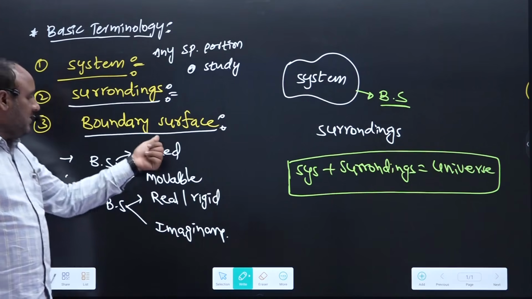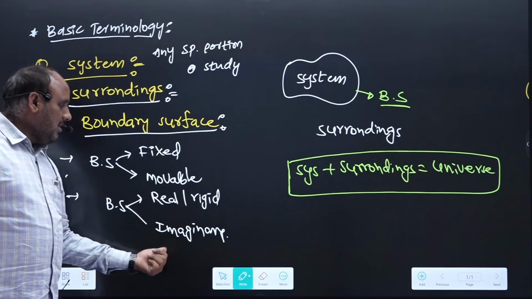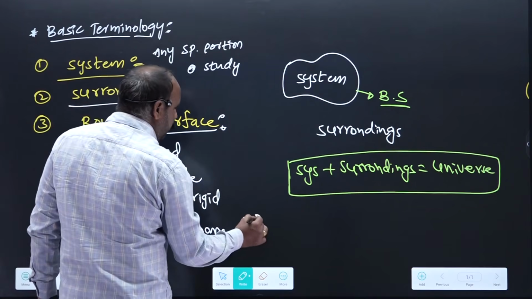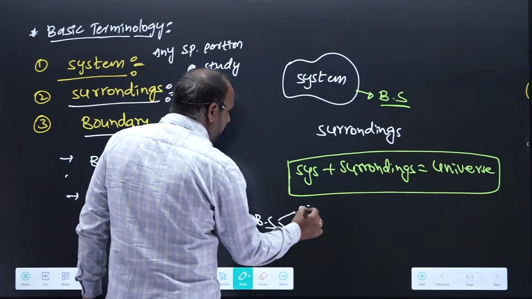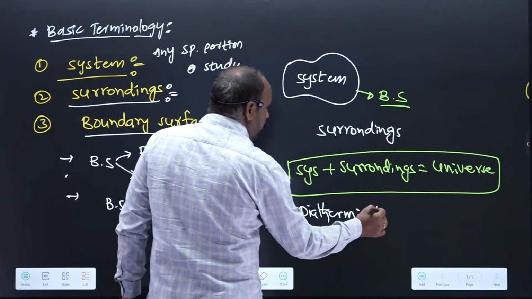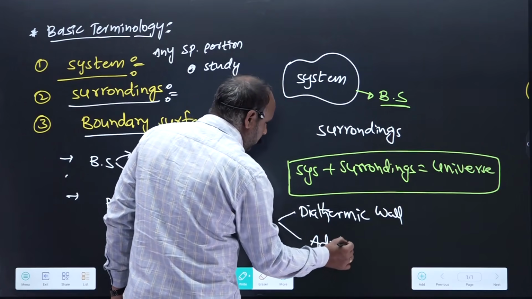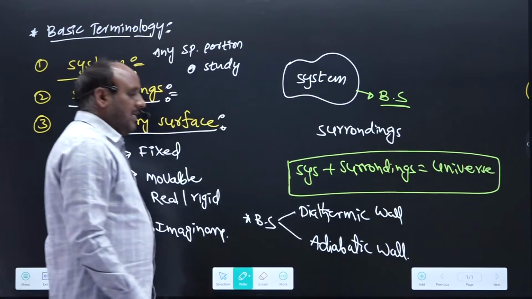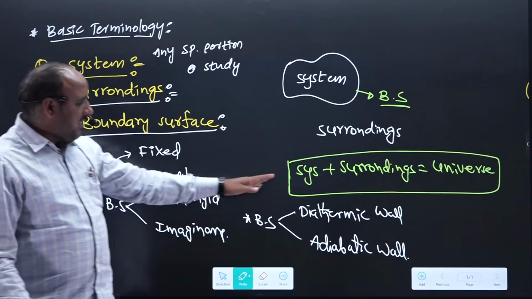Boundary surface may be fixed or movable, or real or rigid or imaginary. Then one more: the boundary surface may be a diathermic wall or an adiabatic wall. What is meant by diathermic and adiabatic?